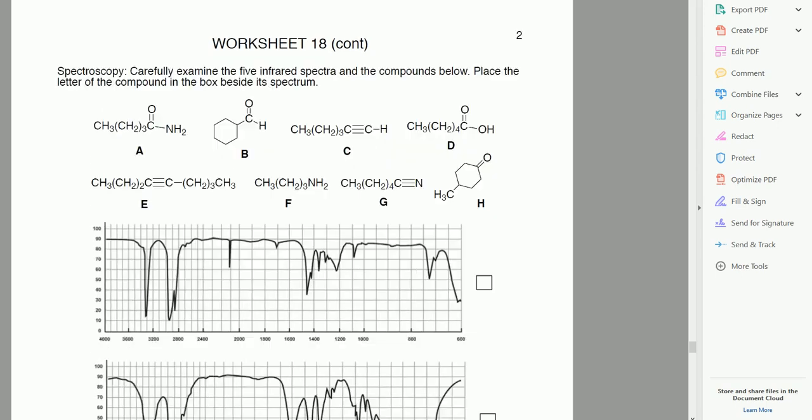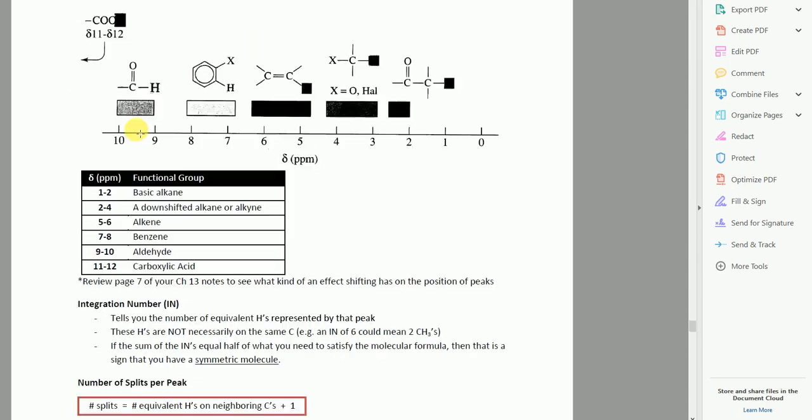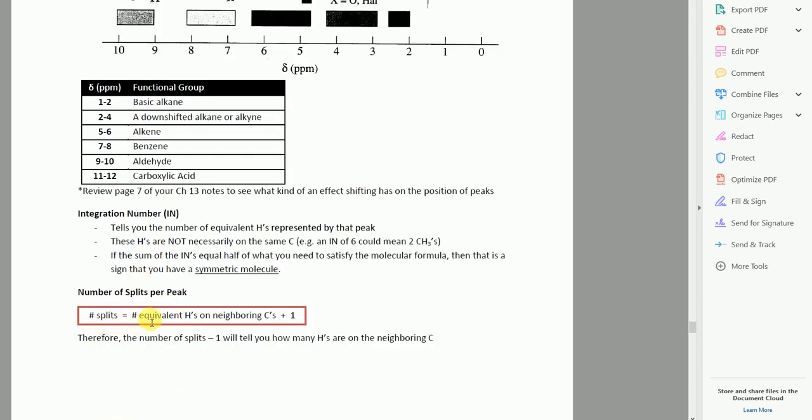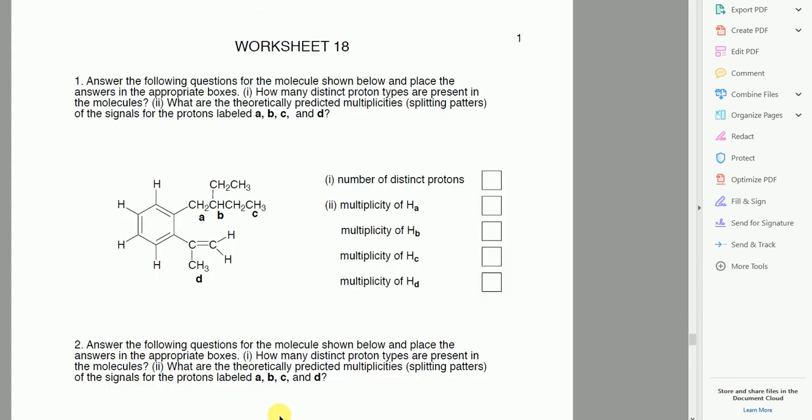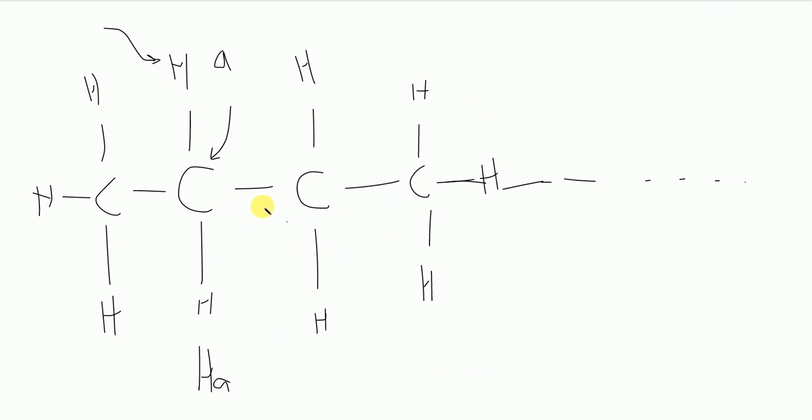So the formula, right, let's go up, okay? The formula is number of splits equals number of equivalent hydrogens on neighboring carbons plus 1, okay? And so when I get to something like this, let me go back to my drawing. If I'm trying to calculate the multiplicity, aka the number of peaks for the environment around here, what I do is I go to this carbon.